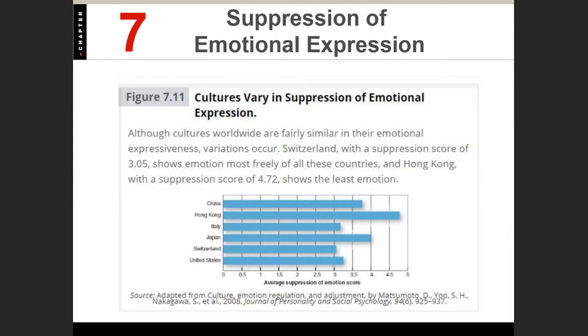So they are least likely to show their emotions in a real strong way. Whereas the opposite of that is Switzerland, where they very much will display their emotions and let you know how they feel. So they just have different rules about what is appropriate to express emotions or not.